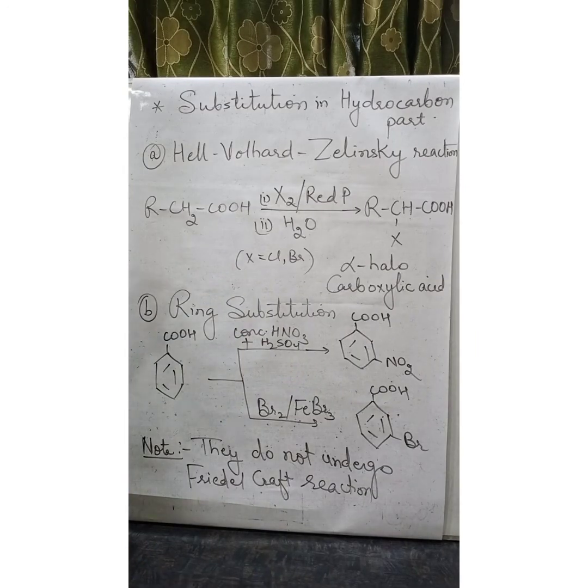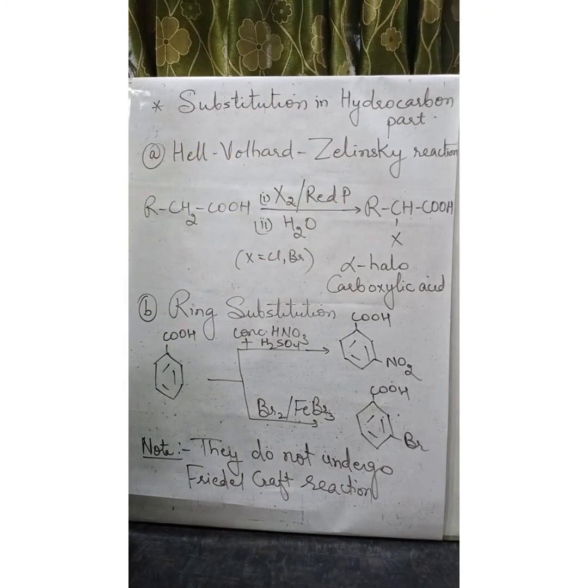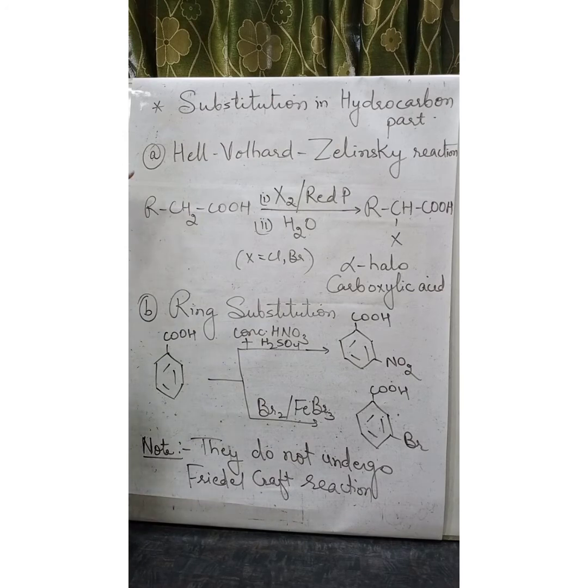Now in carboxylic acids, substitution can also take place in the hydrocarbon part. Let us see it. First one is Hell-Volhard-Zelinsky reaction. Carboxylic acid having alpha hydrogen. Alpha hydrogen here. This is the alpha carbon.